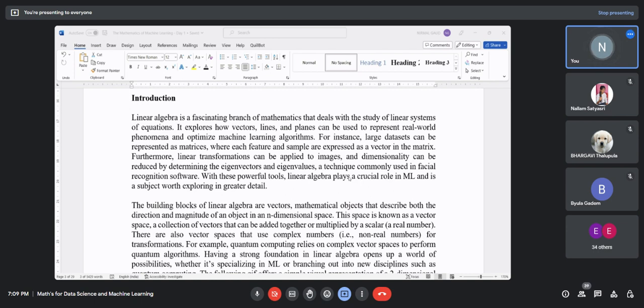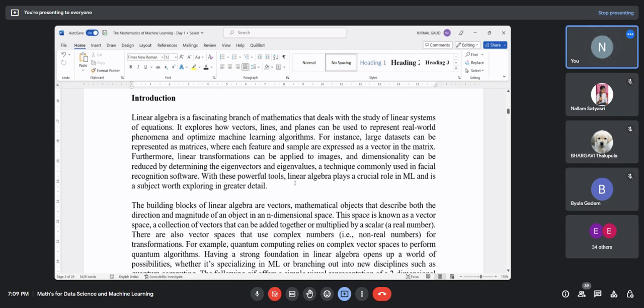That means it's a branch of mathematics which deals with linear systems of equations. In this topic we have vectors, lines, planes, all these things which represent real world phenomena and which are going to optimize your machine learning problems and algorithms.